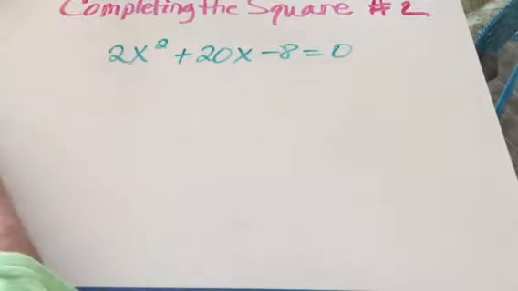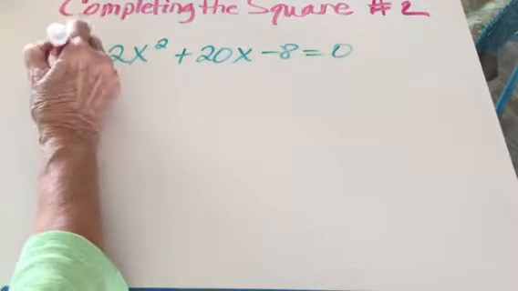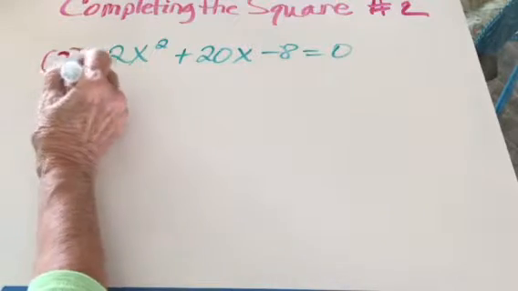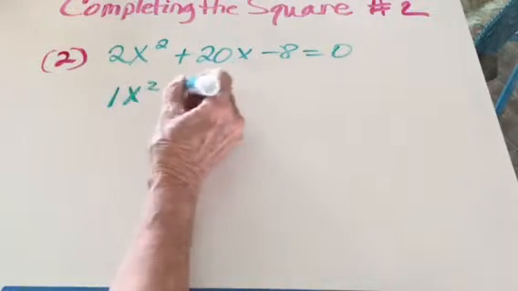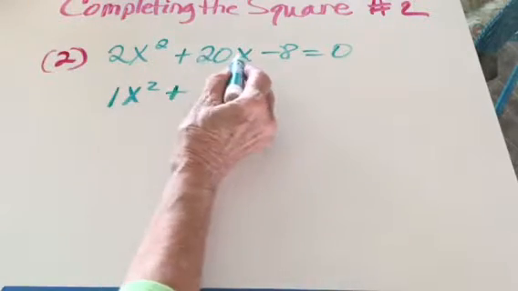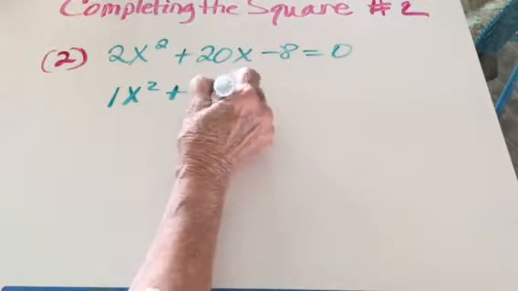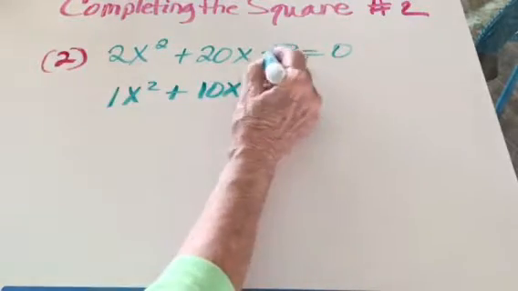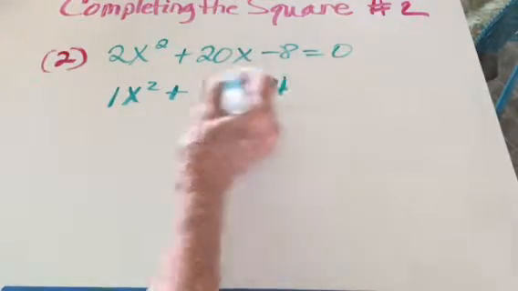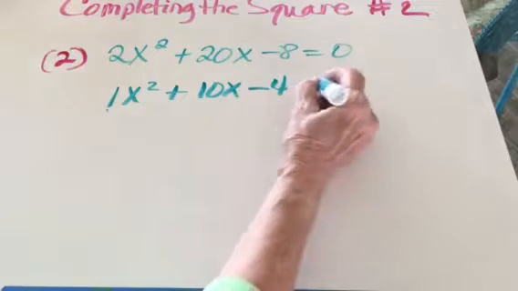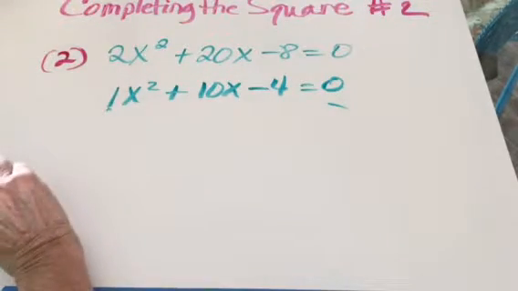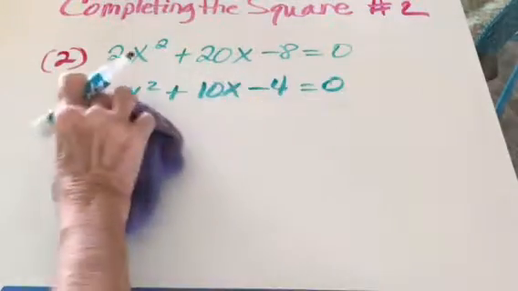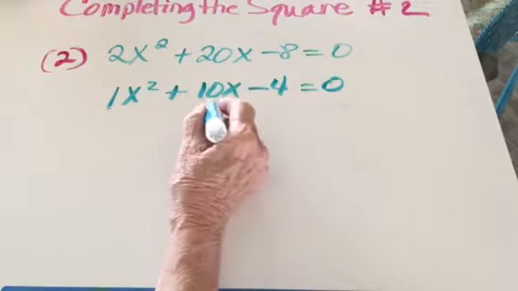If I divide 2 into all of these terms, 2 goes into 2 one time, so I'll just have a 1x squared left here, plus 2 goes into 20, 10 times, 10x. 2 goes into -8, -4 times. Now I'm back down to my regular coefficient of 1 in front of the x squared term.